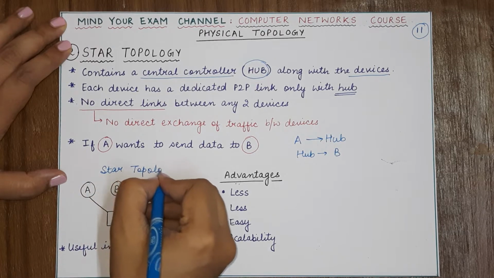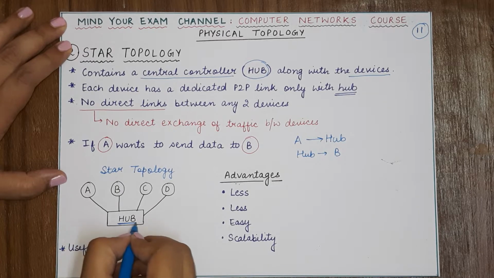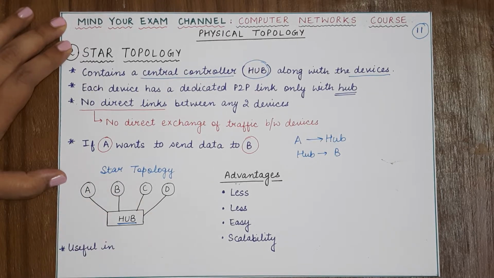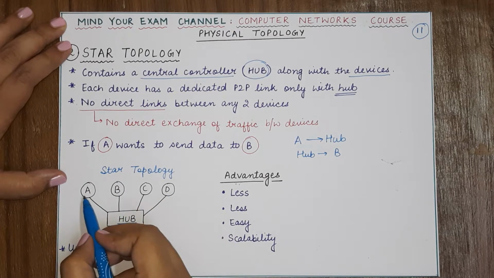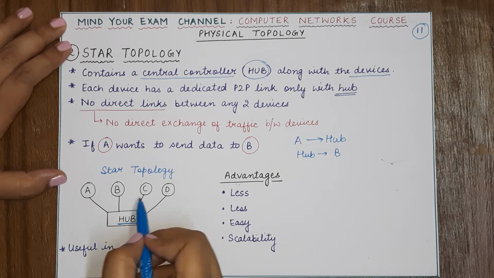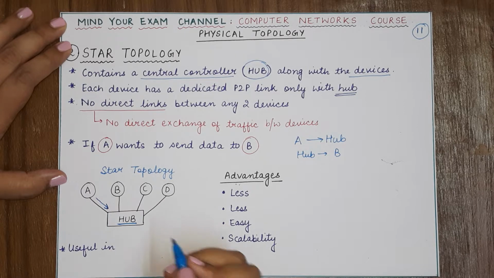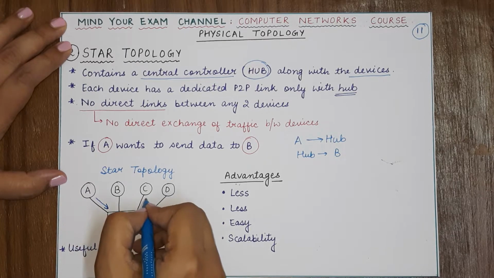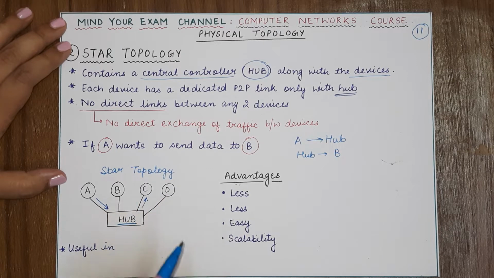As you can see, this topology consists of a central authority, which is the hub, and these are the four devices A, B, C, D that are connected to it. Now, if A wants to send some information or to communicate with C, then A will first send its data to the hub, and then hub will send that data to the destination device, which is C in this case.